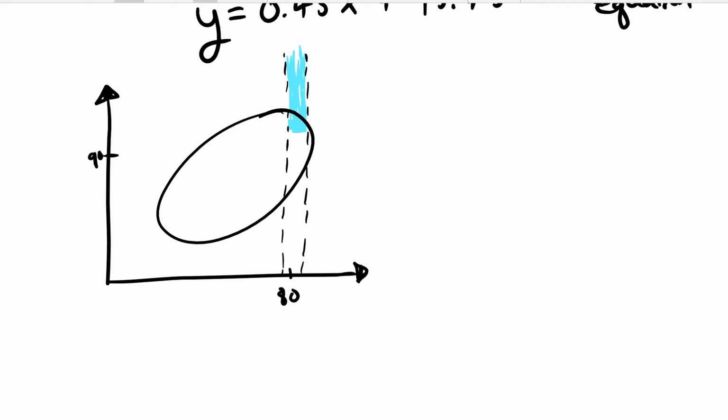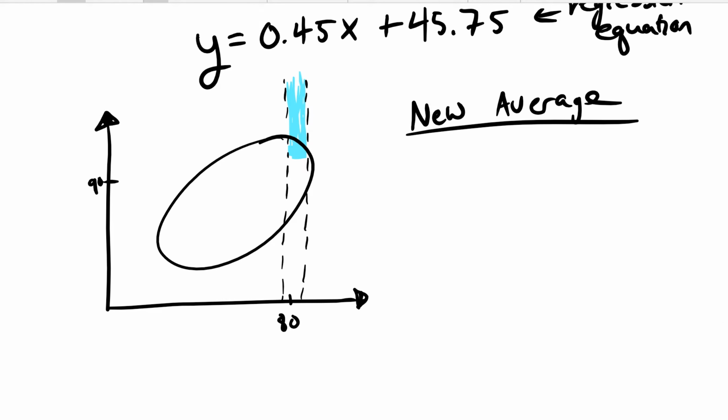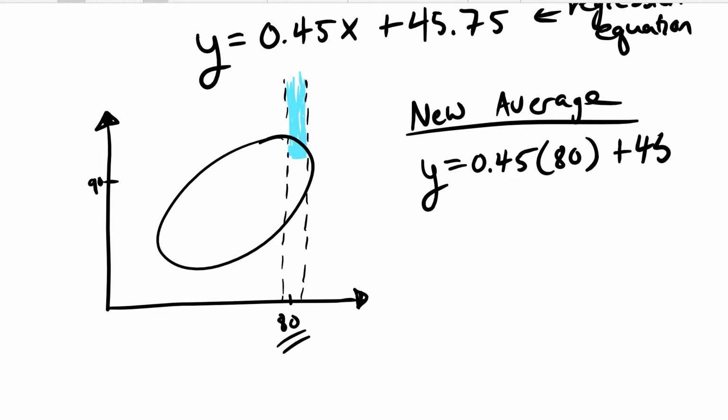In order to figure that out, we are going to use normal approximation. We can do that because this scatter diagram is football shaped. So we need to figure out what is called the new average, the average of all the y values in that vertical strip. What we're going to do is plug in x equals 80, given that the midterm score was 80, to the regression equation.